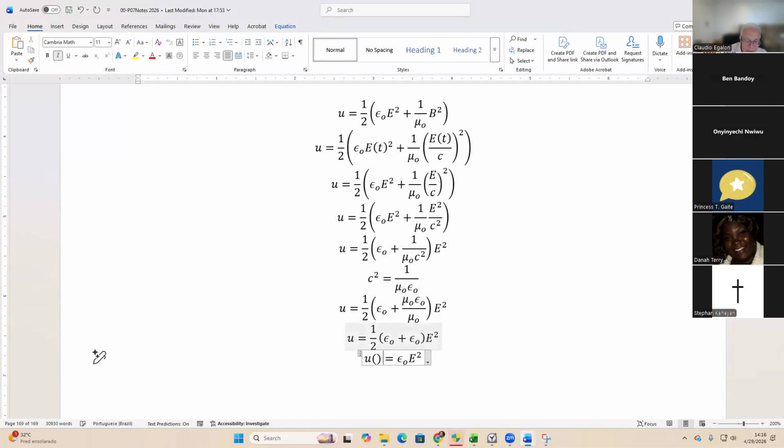And the energy density is a function of time, right? Because the electric field also is a function of time.